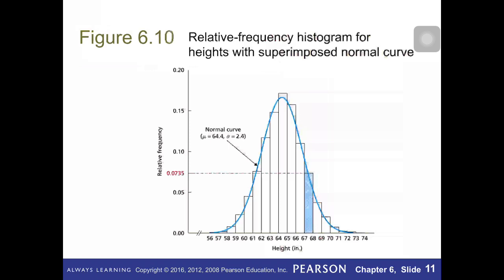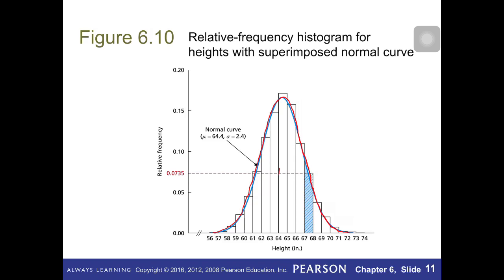When you draw the relative frequency, you will see this kind of histogram. Now they have drawn a density curve by connecting these points. This blue line is a bell shaped curve. So this is a normally distributed variable, a normal curve.